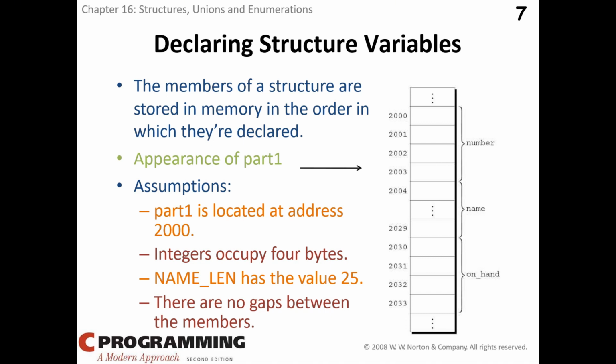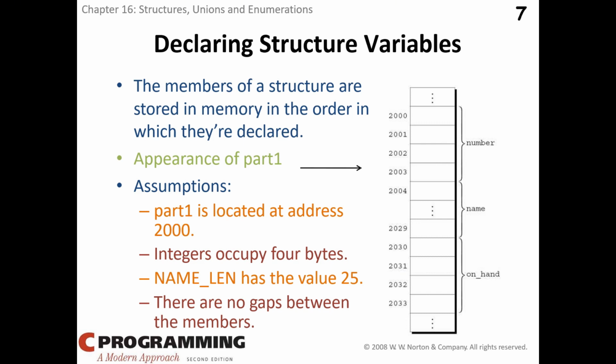First, we assume that part1 is located at memory address 2000, and integers typically occupy 4 bytes of memory. Next, we have a constant NAME_LEN defined with a value of 25, and there are no gaps or padding between the members of the structure. Given these assumptions, let's visualize how part1 is structured in memory.